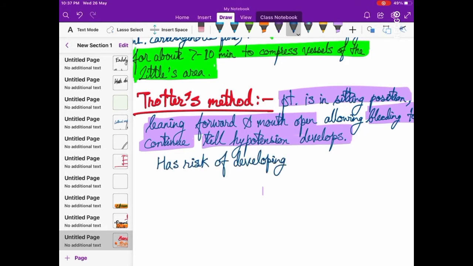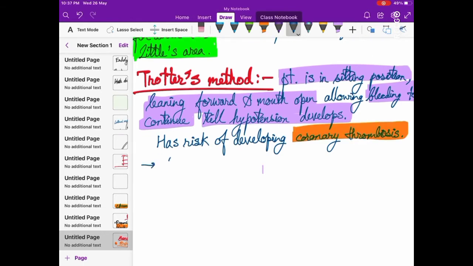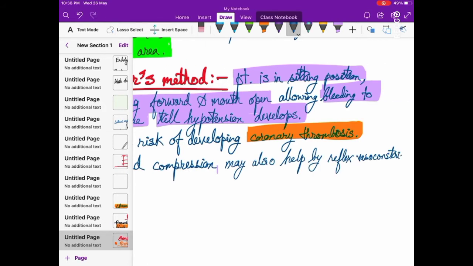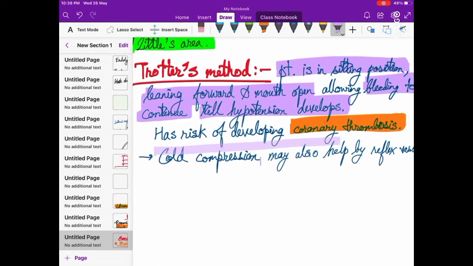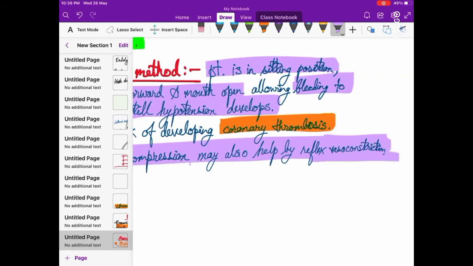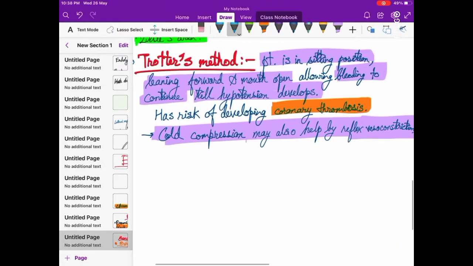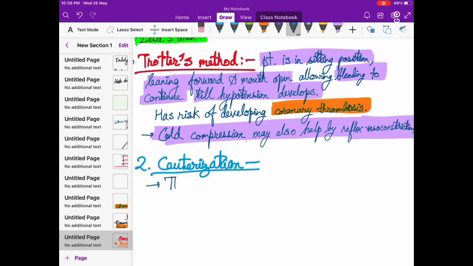This has the risk of developing coronary thrombosis. Cold compression may also help by reflex vasoconstriction. So when the vessels are contracted, the amount of bleeding will be less.